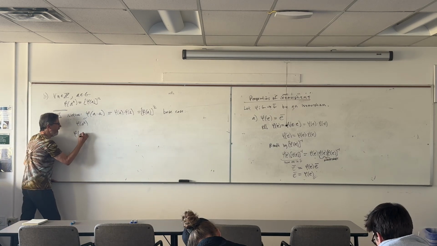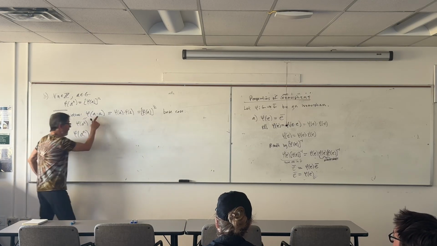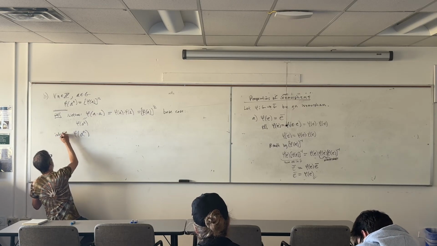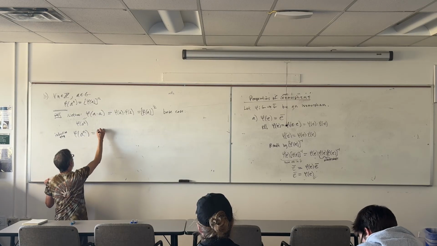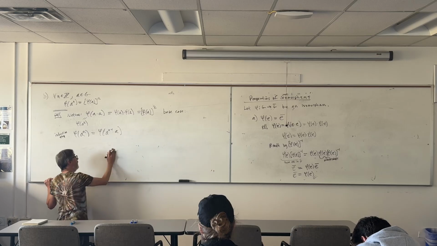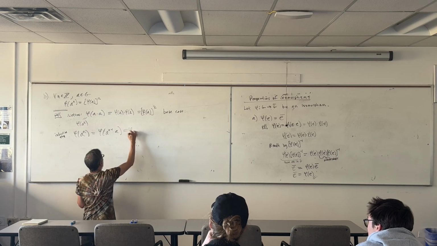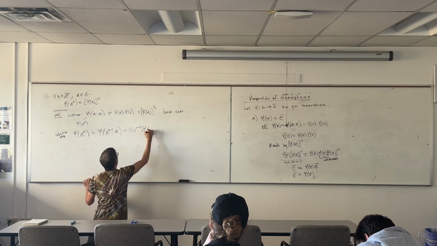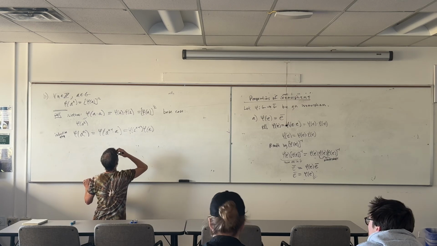So what about phi of a to the n? This is my inductive step. In some ways, I'm being a little sloppy here. But this is phi of a to the n minus 1 times a. Just pull off that a there. And then because this preserves group products, I should have probably set up an inductive step here.